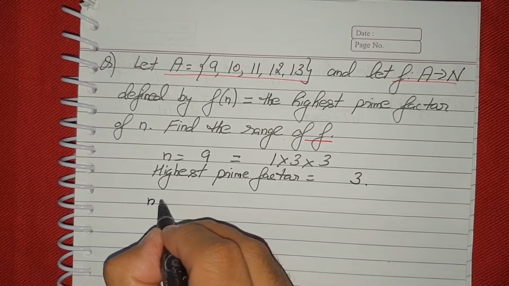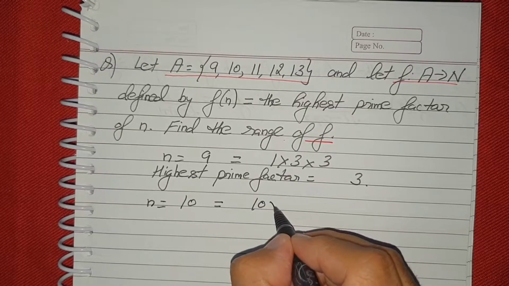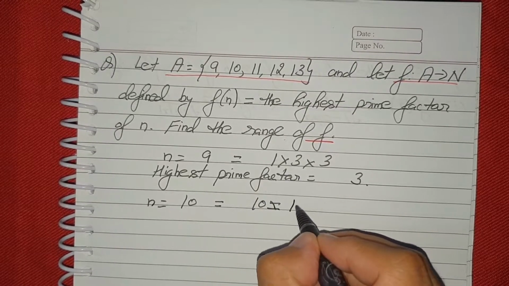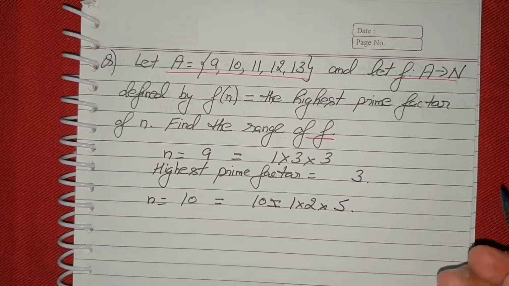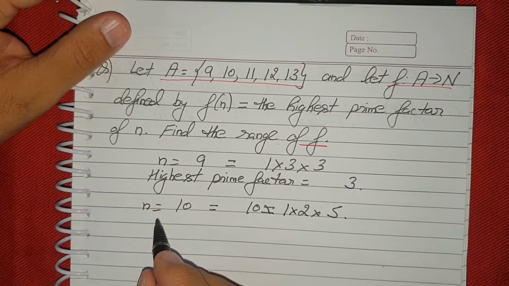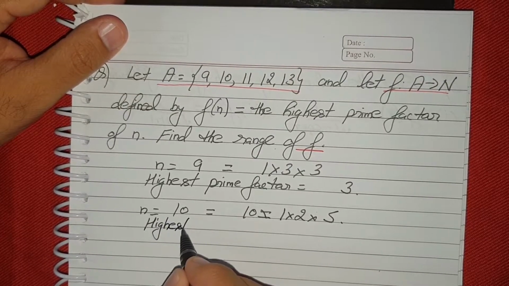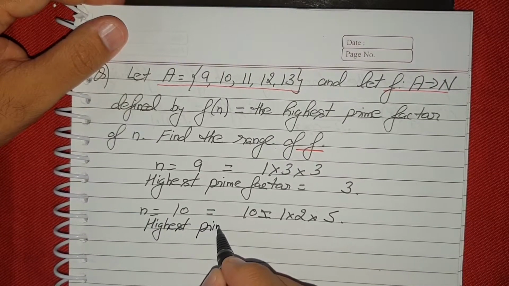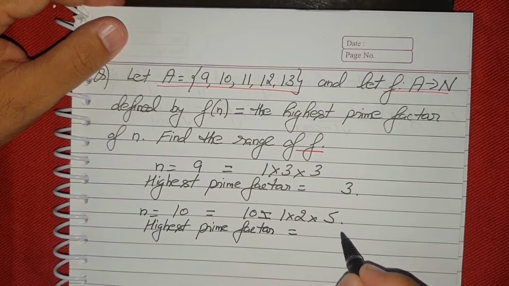For n equals 10, 10 equals 1 into 2 into 5, so the highest prime factor of 10 will be 5.